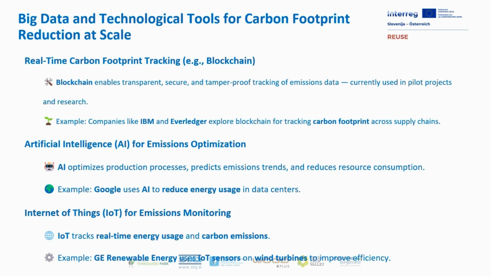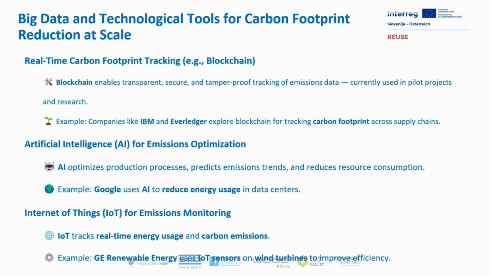For example, Google has implemented artificial intelligence to improve energy efficiency within its data centers by optimizing server cooling processes, thus reducing energy use and associated emissions. Similarly, Siemens applies AI in its industrial automation systems to help manufacturers streamline production and cut down on energy consumption and emissions.